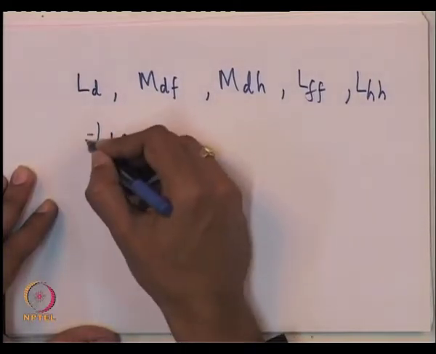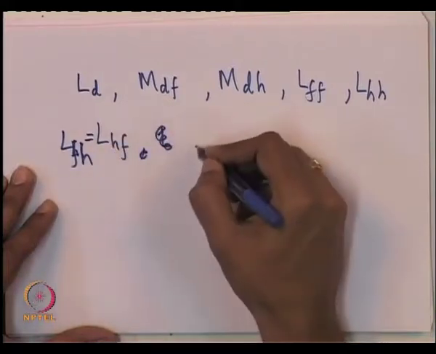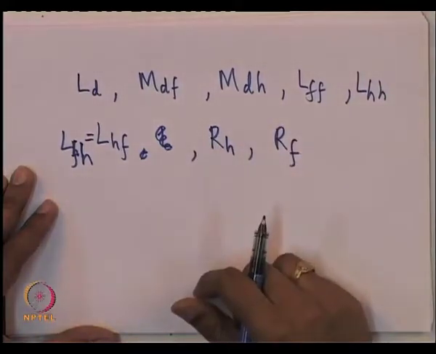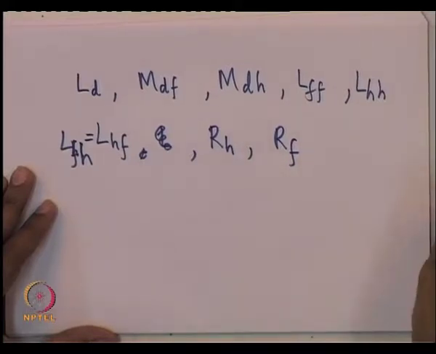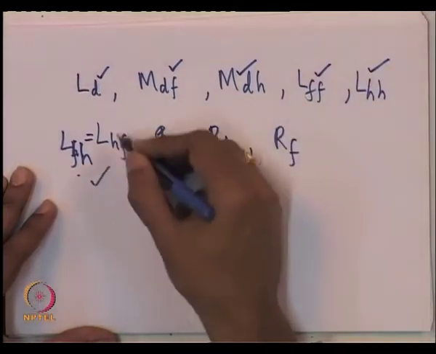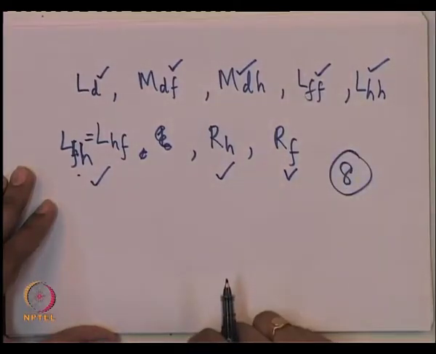L F H is of course equal to L H F, so I should not count it separately. And then you have got R H and R F. Okay. Of course, there is a parameter R A, the resistance of the stator winding, which we assume can be measured separately. The resistance of the stator winding is something you can measure separately, so we will not worry about it. Now, so you have got 1, 2, 3, 4, 5, 6, 7, 8 parameters in our original synchronous machine model.